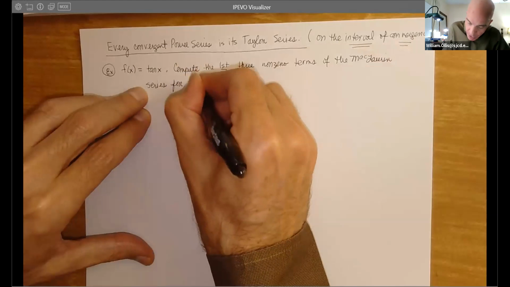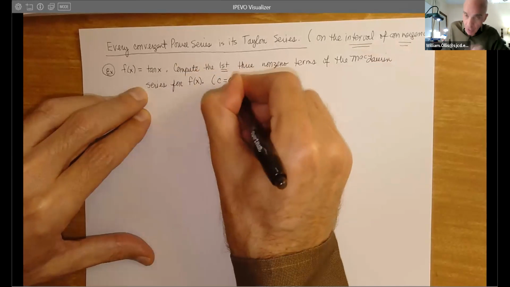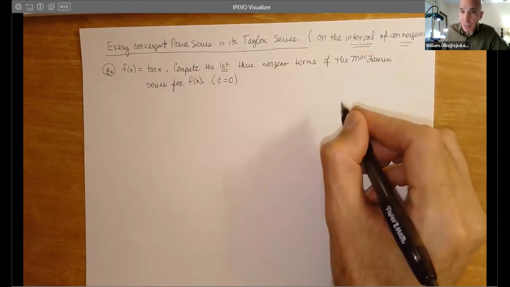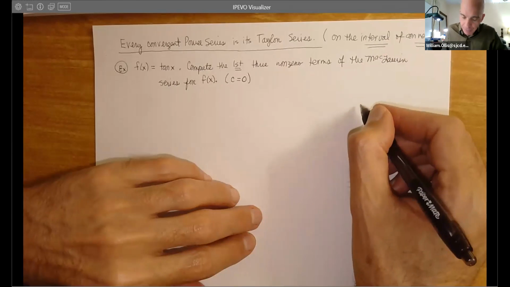So again, Maclaurin series, c is equal to 0. You might have an example in WebAssign where they take c equal to 2 pi, something like that.